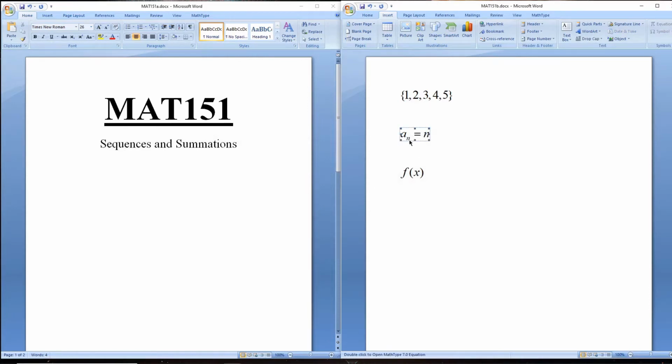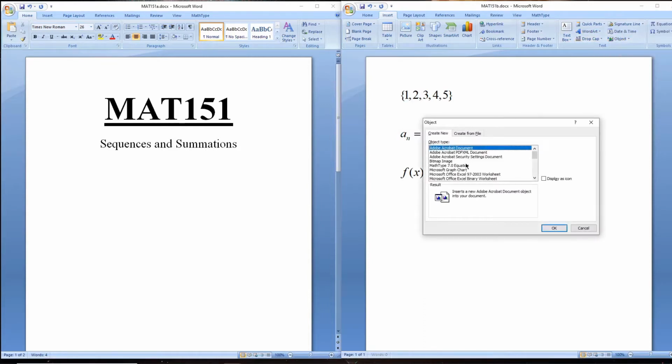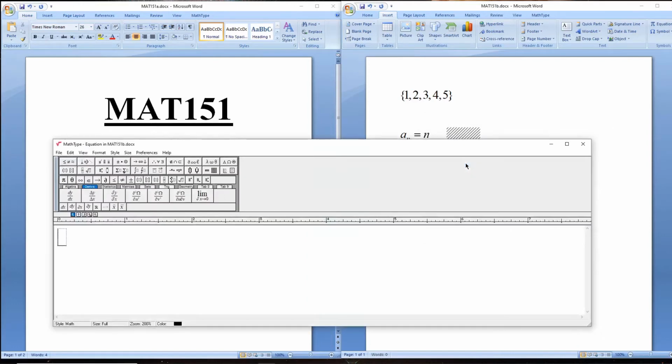So n in the sequence, this subscript here, acts just like the input of a function x. The main difference, though, with sequences is n has to be an integer. So unlike function notation where x can be any number that's in the domain, for sequences, n must be an integer.